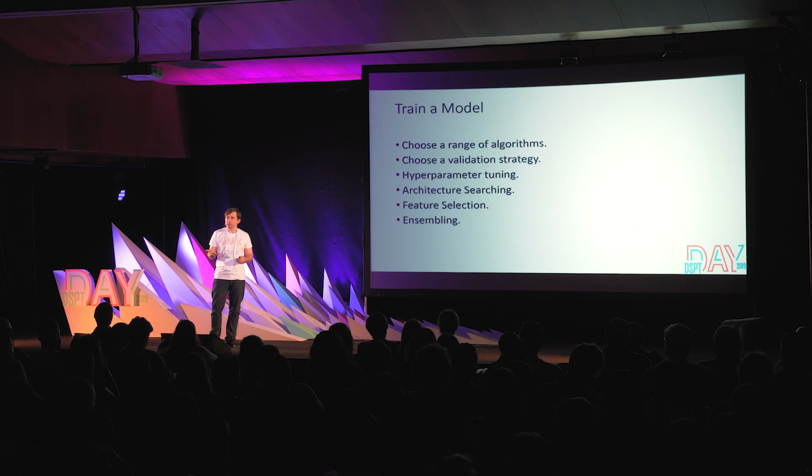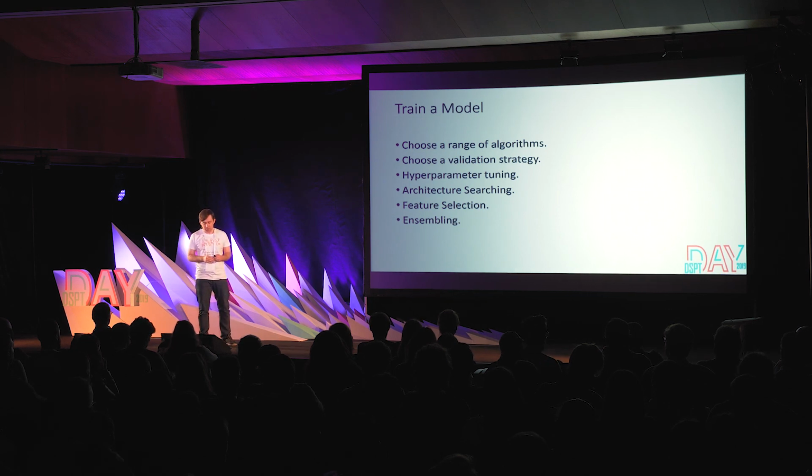Choose the validation strategy. This is a very important point. autoML can define if the data set can be validated using a simple cross-validation, using random k-folds, or if there's some temporal dependence in the data set and a temporal validation must be done, or maybe some of the rows or IDs of the data set must be grouped in order to be in the same fold on the validation.